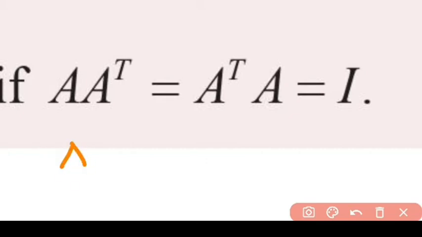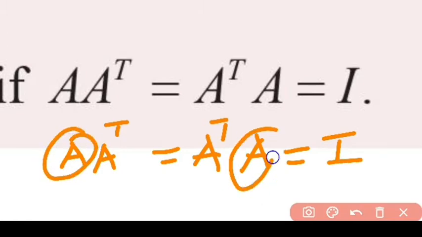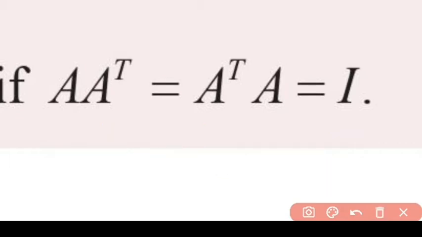So A into A transpose, or A transpose into A, if we get the unit matrix, then A is said to be an orthogonal matrix. But see the condition carefully. Already we saw that same module 1 formula, and I want to remind you of that.